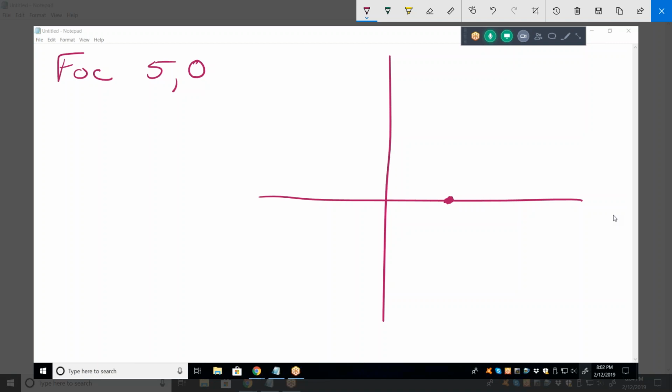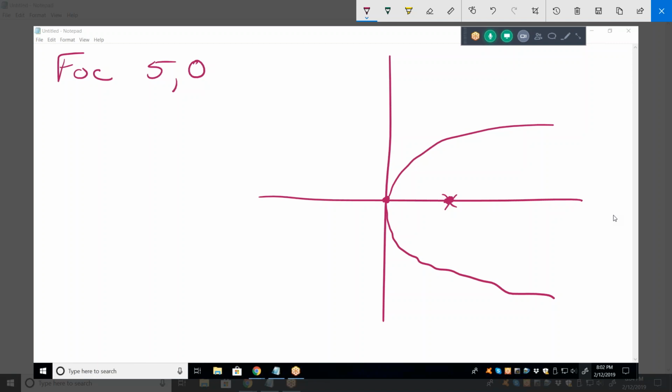If the vertex is at the origin, then there's only one way that can be the focus, and that is if it's like that. Remember, on a parabola, the focus is always inside the parabola, and it's always along the major axis of the parabola.